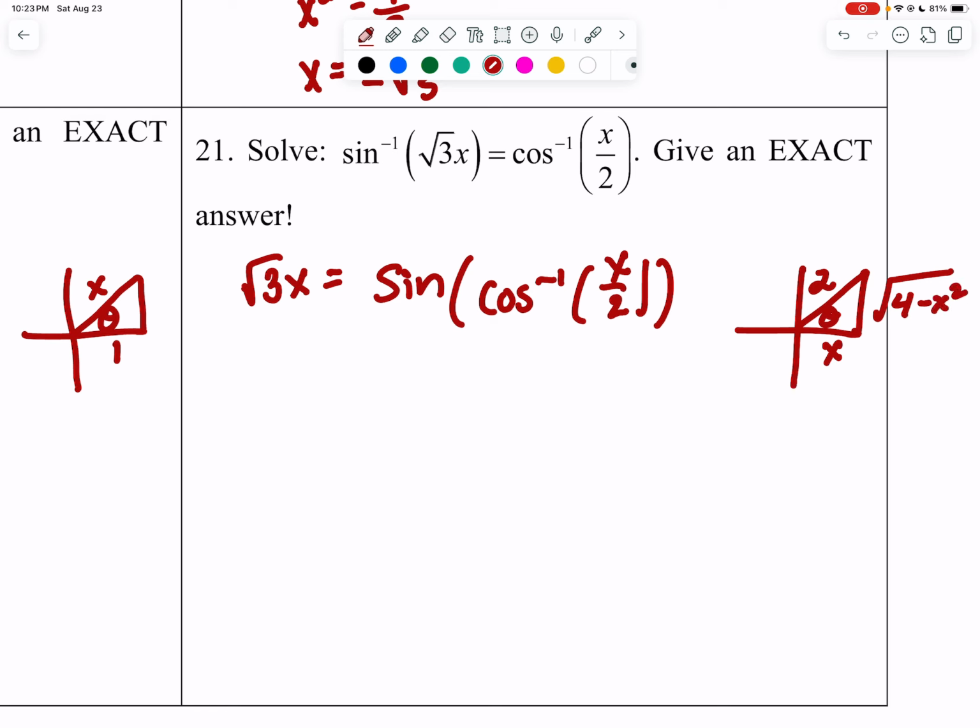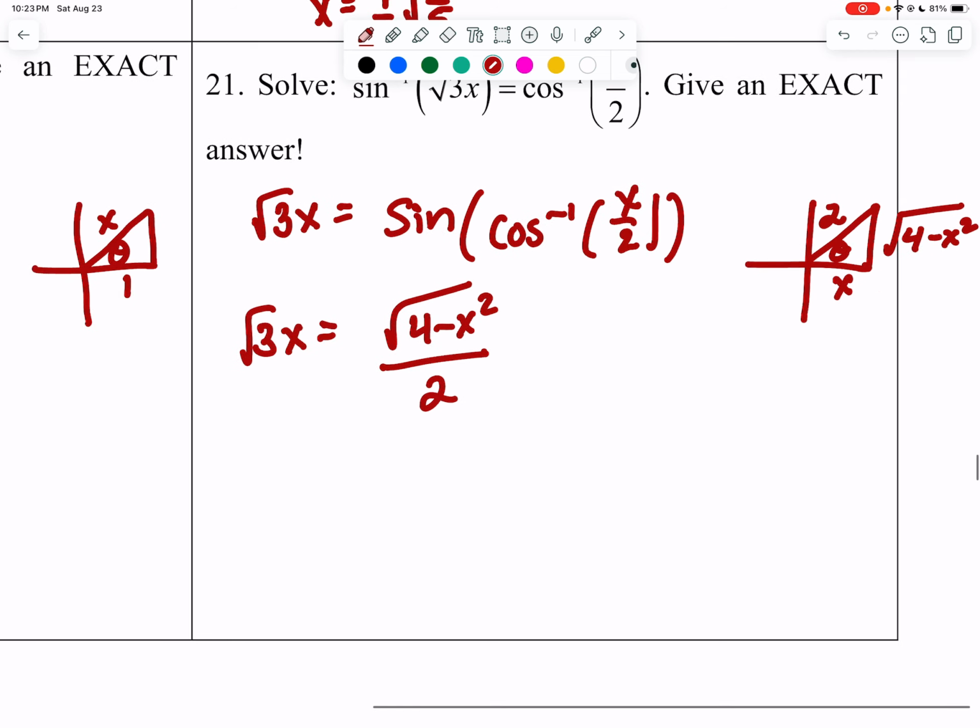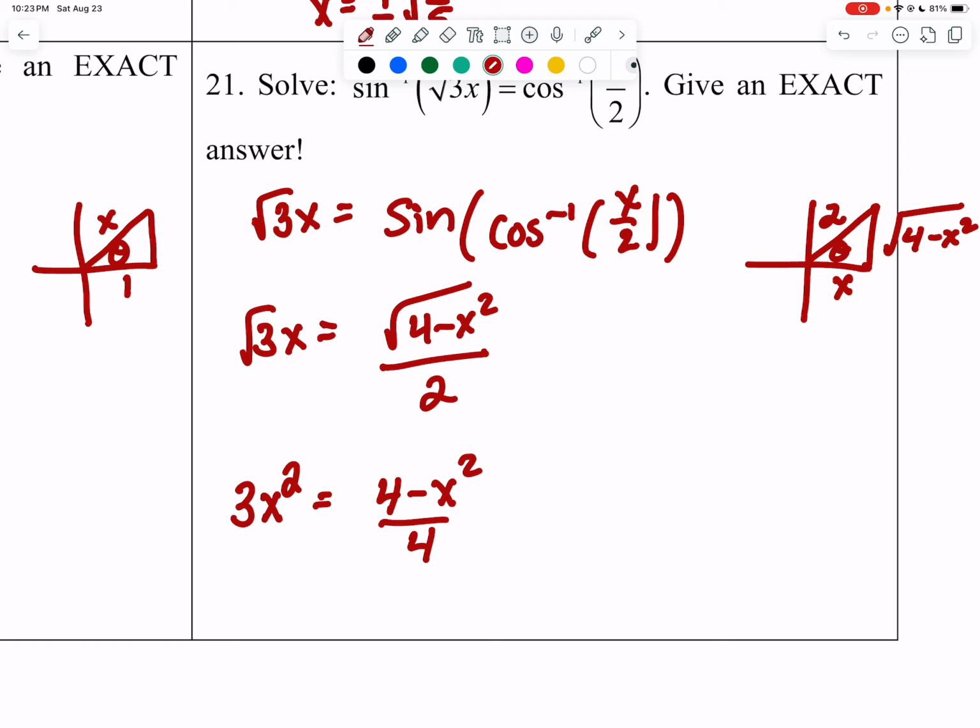And then for sine, sine is opposite over hypotenuse. So we will get this lovely thing right here. I'm going to square both sides, so that's going to give me 3x squared is equal to 4 minus x squared over 4.